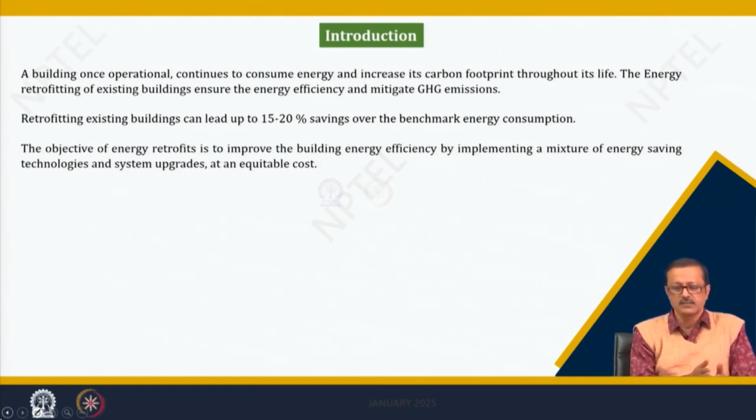But during this life cycle stage, when operational energy continues, some elements may, in due course of time, because of damage or loss of life, make the building absorb more energy.